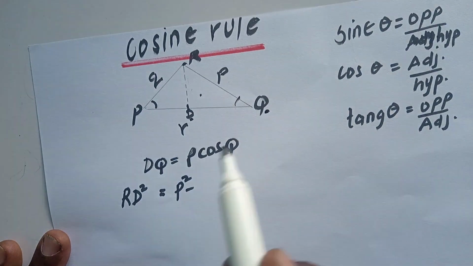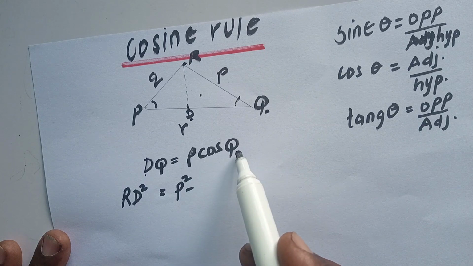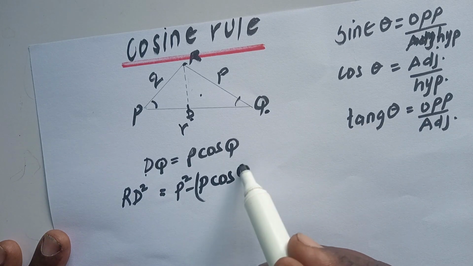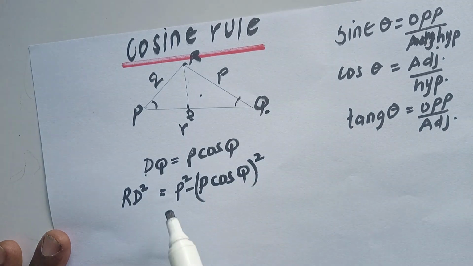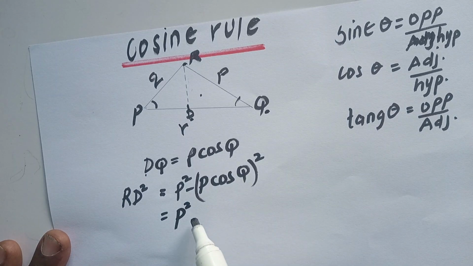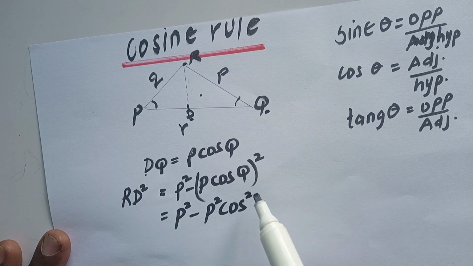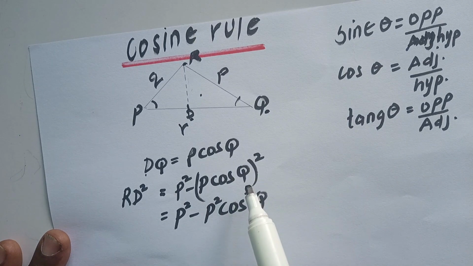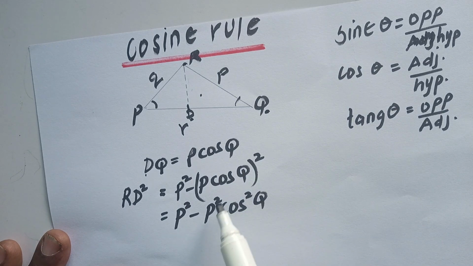Now DQ here is P cos Q. So it is P squared minus P cos Q squared, giving us P squared minus P squared cos squared Q. Now when you square a number like P cos Q, it is normally written as P squared cos squared Q. We don't write cos squared Q squared.